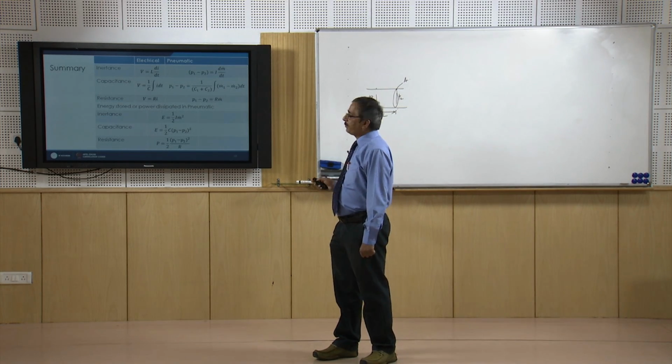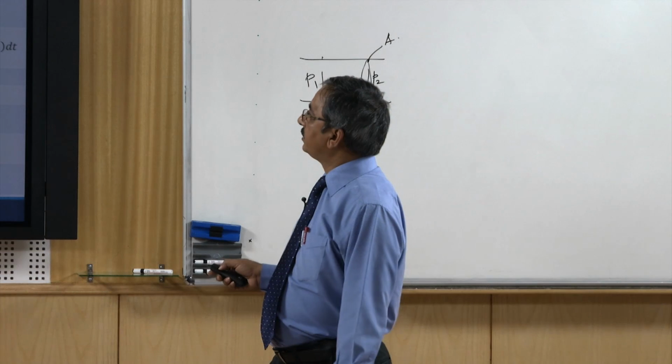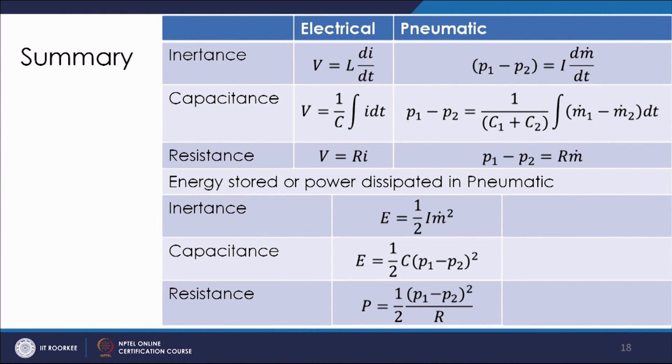So, we can summarize the basic building block definitions. Say inertance: in an electrical system we have V equal to L di/dt. So, here we have P1 minus P2 is equal to I dm dot/dt. Capacitance: V is equal to 1/C integral I dt. So, here we have P1 minus P2 is equal to 1/(C1 + C2) integral of (m1 dot minus m2 dot) dt.